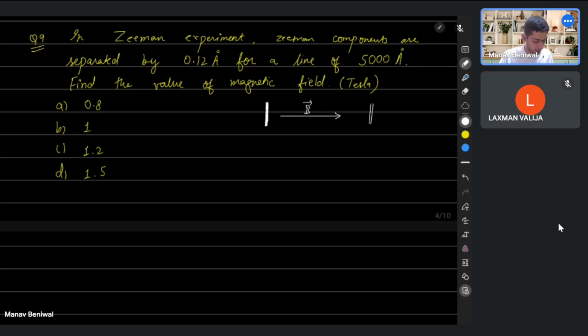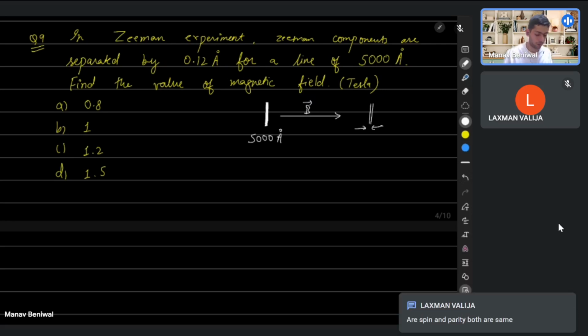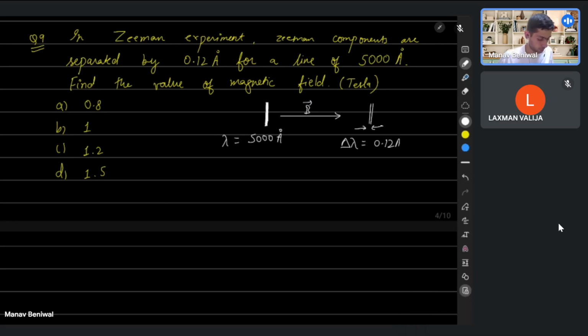The wavelength of this spectra is 5000 angstroms, let's call this lambda, and this tiny difference in the two wavelengths, delta lambda, is very small, it is 0.12 angstroms.